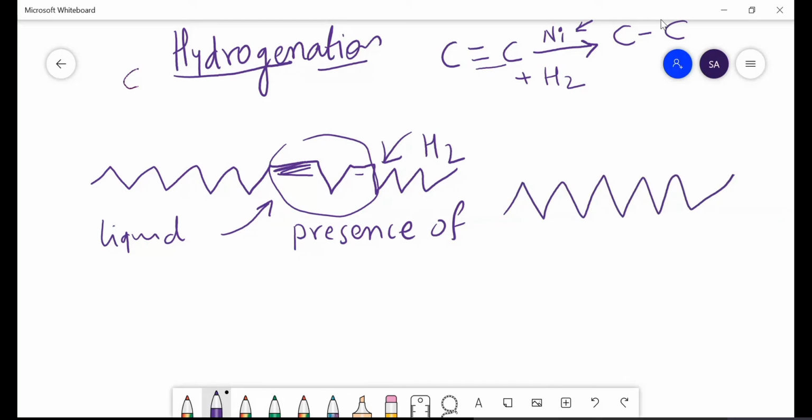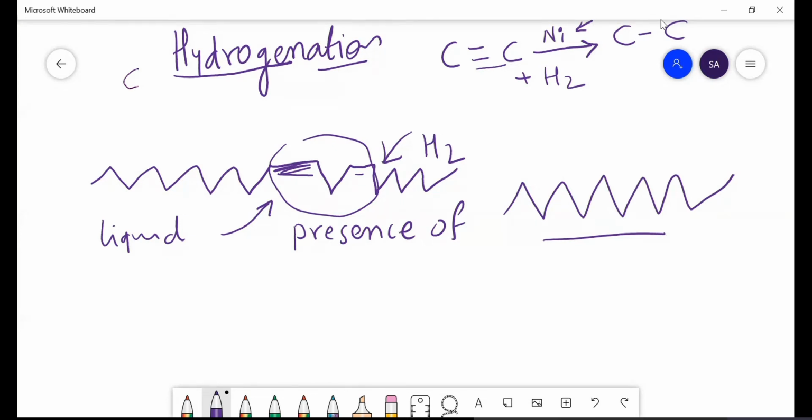And the moment you have this single bond, the liquid oil is getting converted into a solid fat. Okay, so let's take an example and see how industrially it is converted. So basically, more carbon to carbon double bond in a fatty acid.